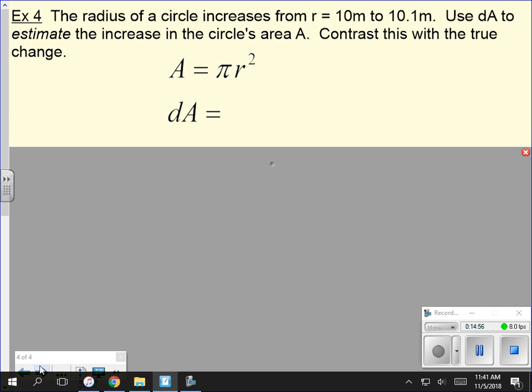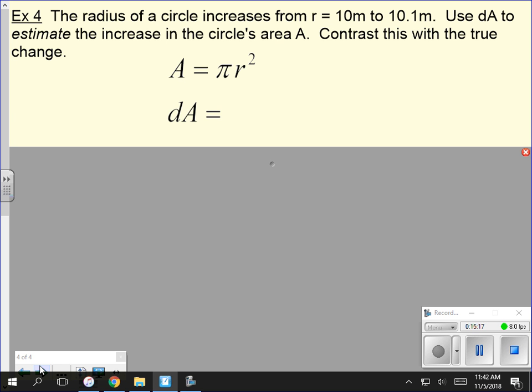As it's expanding, as the radius goes from 10 meters to 10.1 meters, how fast is the area changing? Or I should say, what is the change in area? So, first step is take the derivative. Okay?